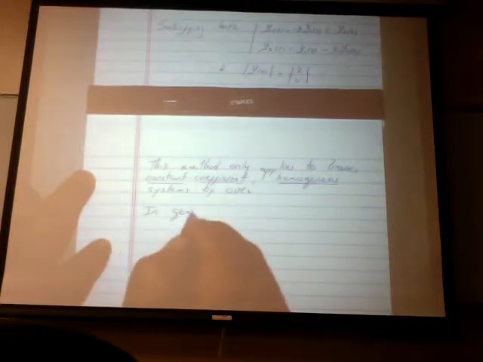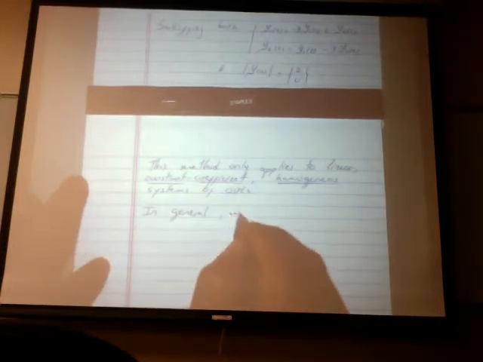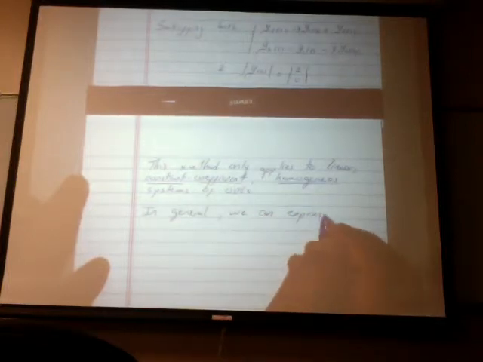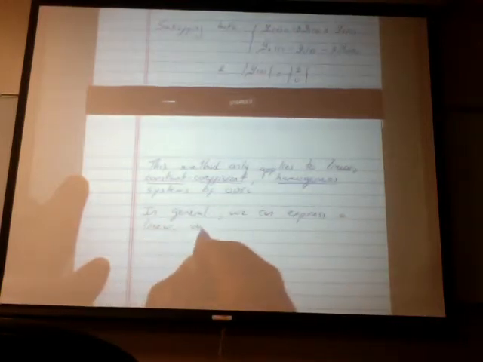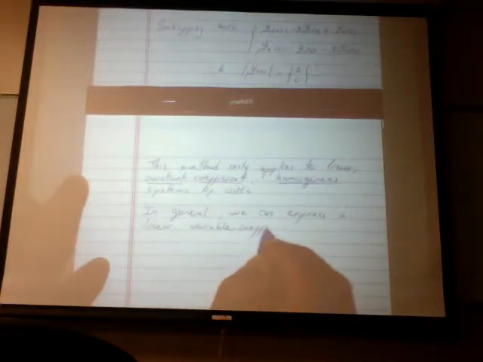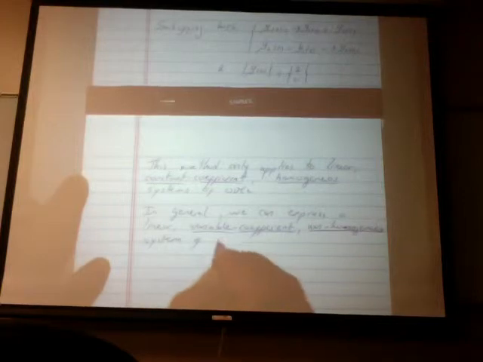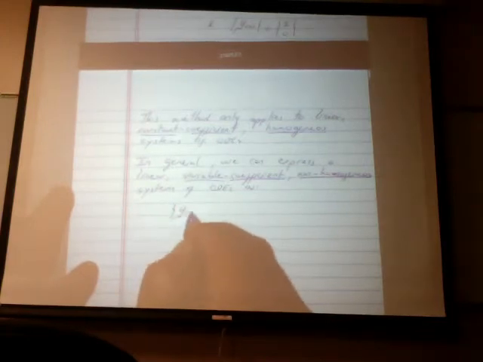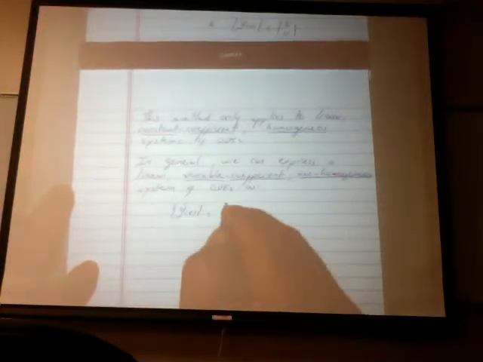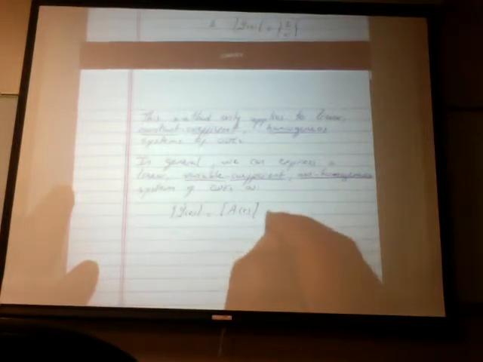In general, we can express a linear variable coefficient non-homogeneous system of ODEs as, well, we already saw this form, y dot of t is equal to the state matrix, which now can be a function of t.